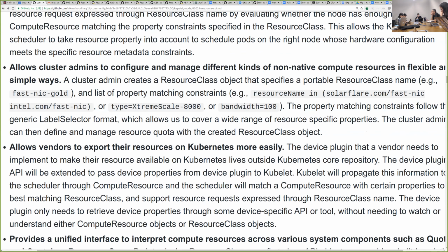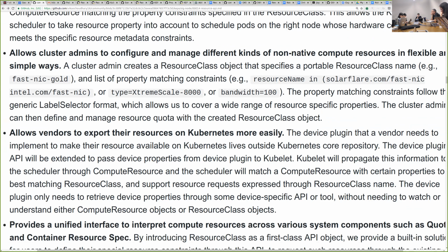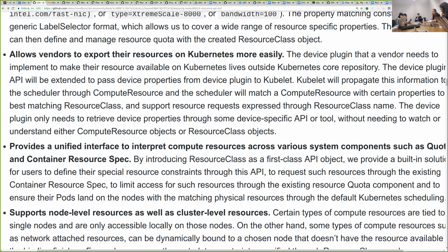We also want to allow cluster operators to configure and manage different kinds of non-native compute resources in flexible and portable ways. Different devices have a need to export very device-specific properties in Kubernetes, because they can greatly affect the performance of consuming those devices.